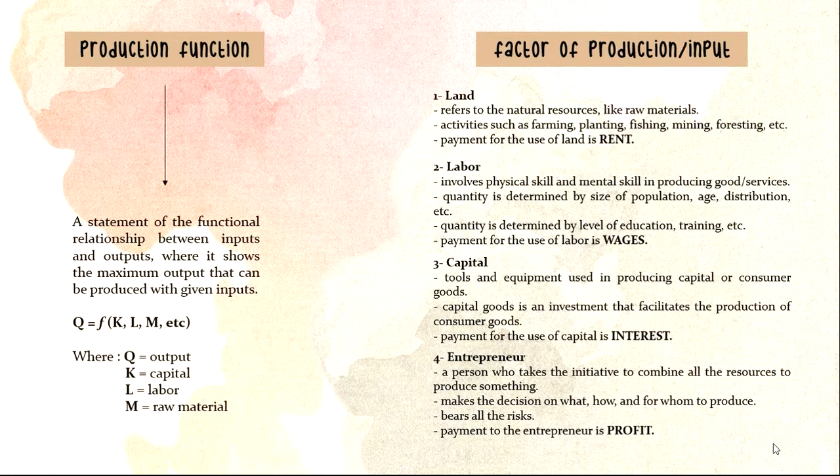The second one is labor. It involves physical skill and mental skill in producing goods or services. For example, some people are good with their hands, like a carpenter. So that is physical skill. For mental skill, there are some people who can deliver their ideas for what to do, like an architect.